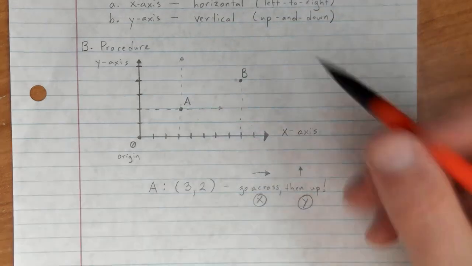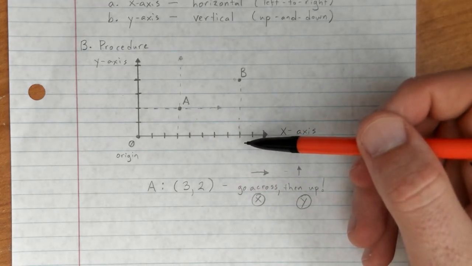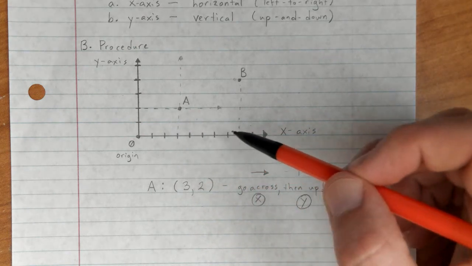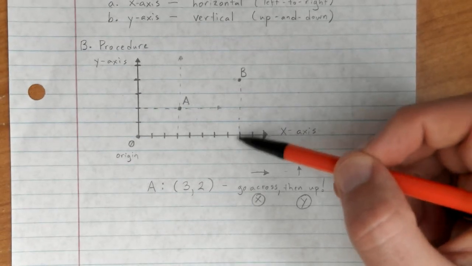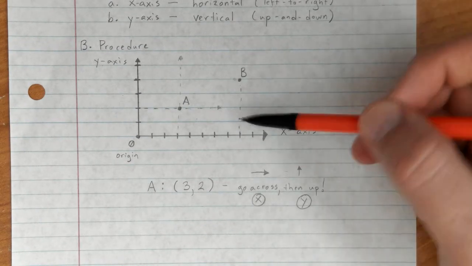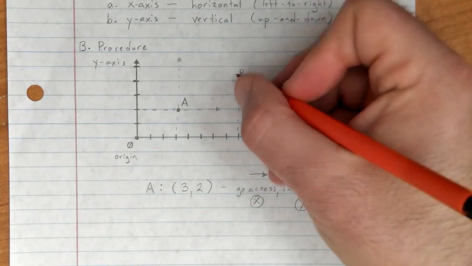Okay? We would count over 8 first. 1, 2, 3, 4, 5, 6, 7, 8. How far over from the origin is it this way? But it's not sitting on the x-axis like in Lesson 6-1. It's floating above, so we have to figure out how far above. 1, 2, 3, 4.